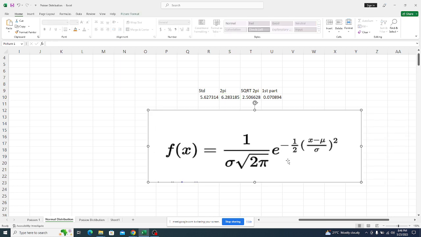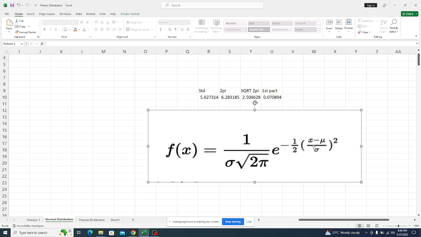Then for the second part, as I had said, you can also divide it into different components. You already have the x values, you also have the population mean, then divide by the standard deviation, and then you can square all those values. Then multiply by a half.